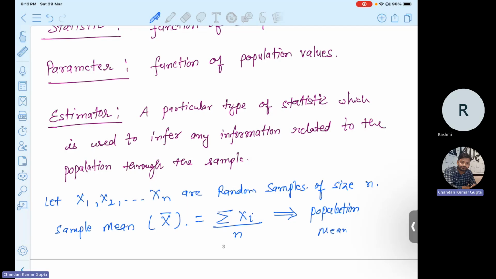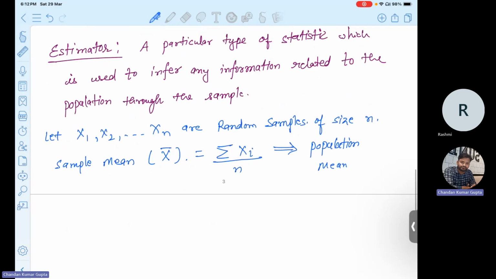Suppose we have x1, x2, and xn as numbers like 7, 5, 9, 12, and when we solve, x bar equals maybe 3.7 or 9.2, any value. That value is called an estimate. So a particular value of an estimator is called an estimate.